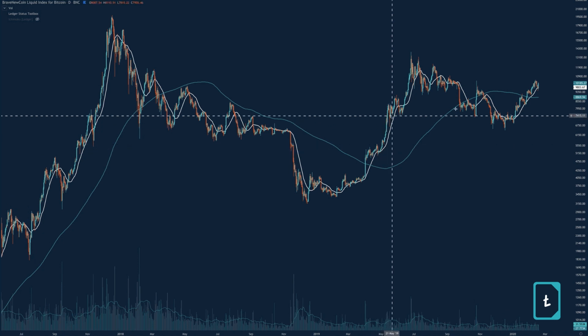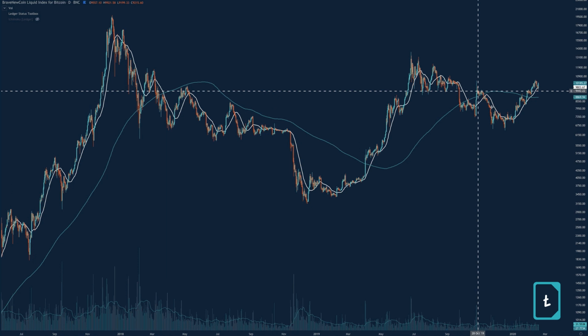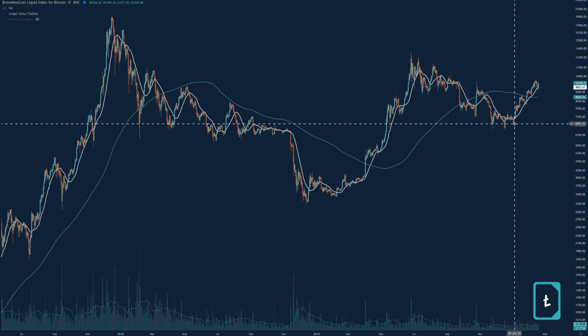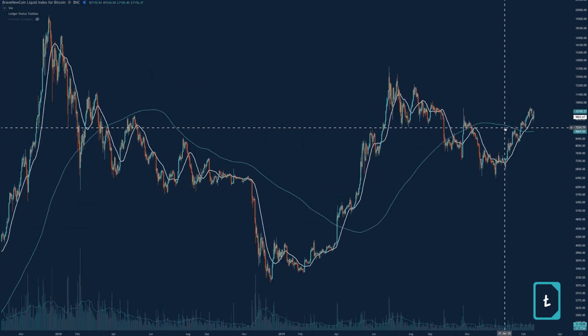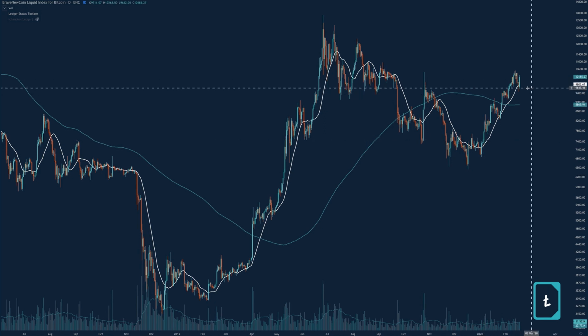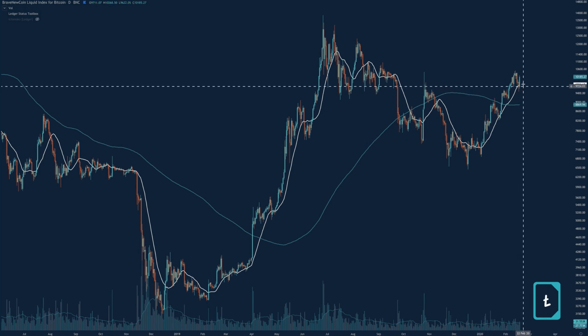You can see that happens pretty frequently where it's not respected, but then when it flips back, kind of similar to a swing failure pattern where the down move can't sustain, it's used like a spring almost.